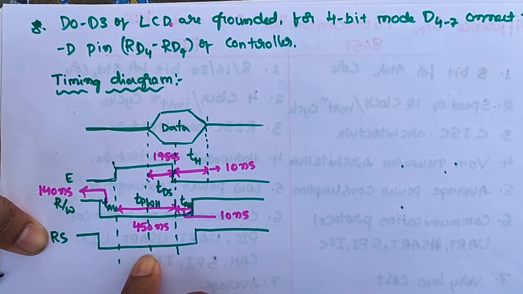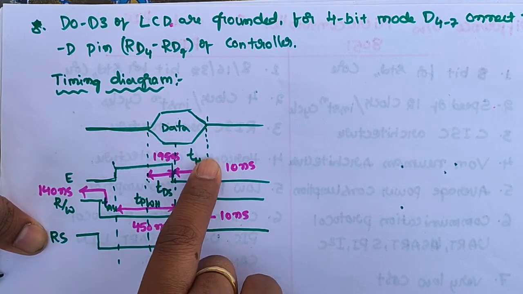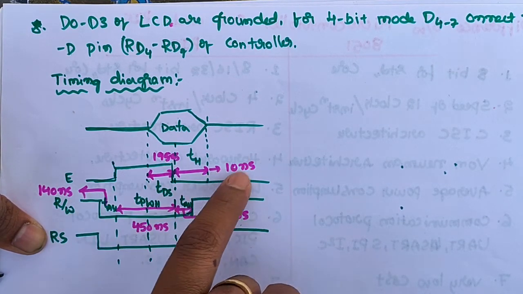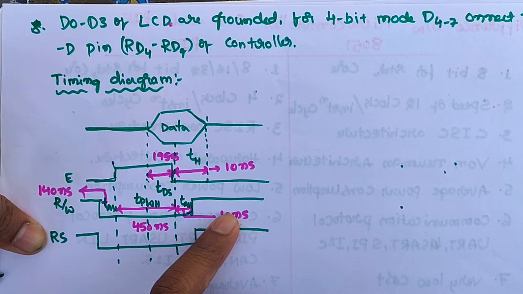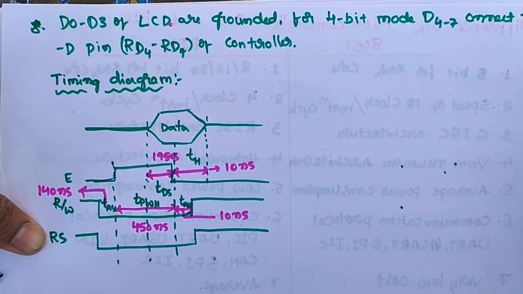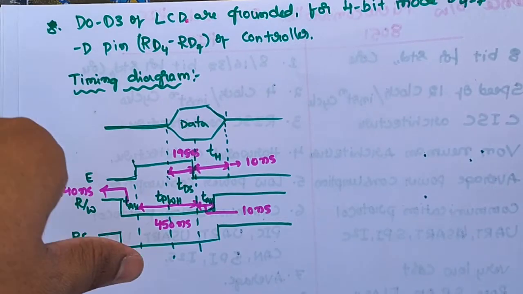Once you enable, the data will start to transfer to the LCD and it will start to display. You need to mention some nanoseconds of delay inside the program. So this is the LCD display controller using the PIC microcontroller.